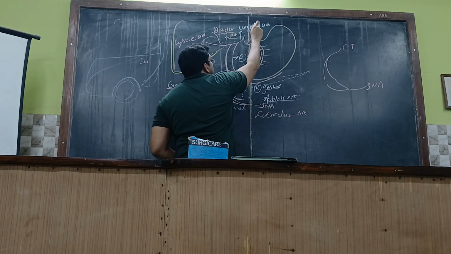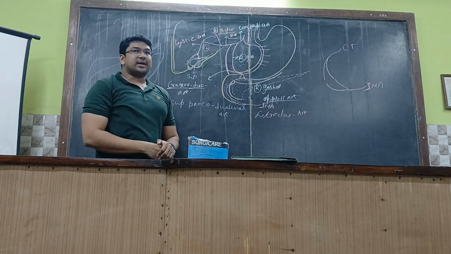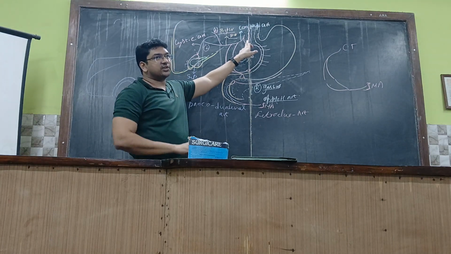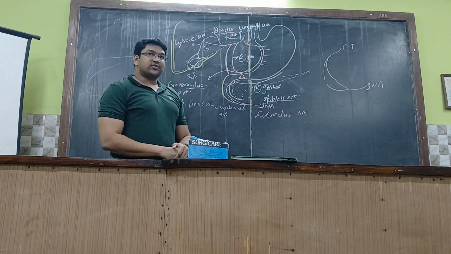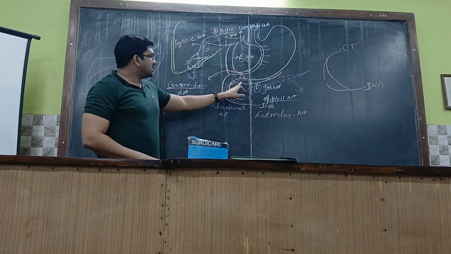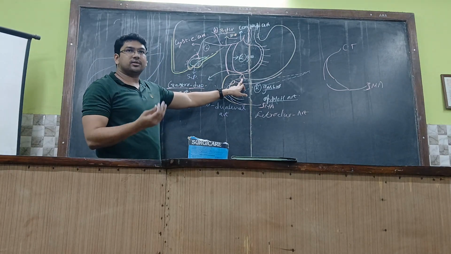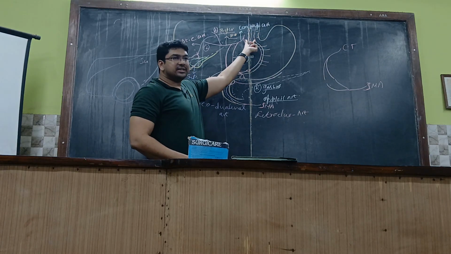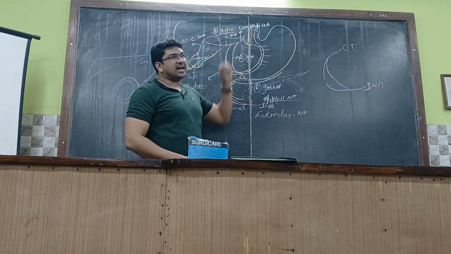These arteries will be supplying the lower part of the esophagus. One extra branch for the gastroduodenal artery is the dorsal duodenal artery or retroduodenal artery, and these are the branches for the esophagus, the superior esophageal arteries.